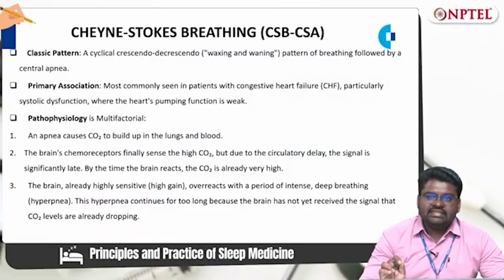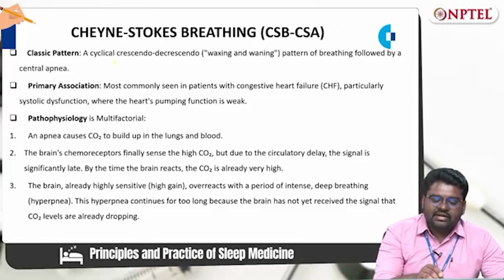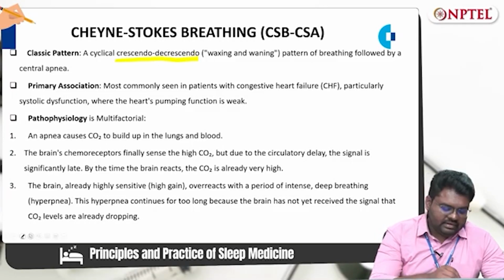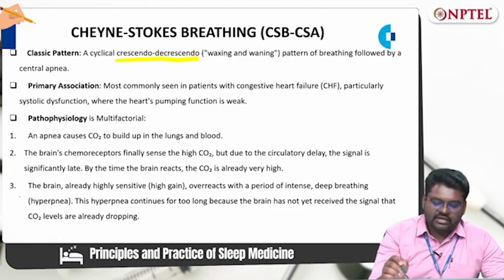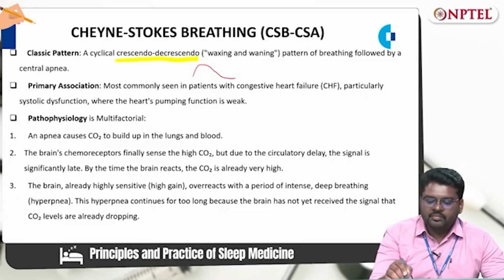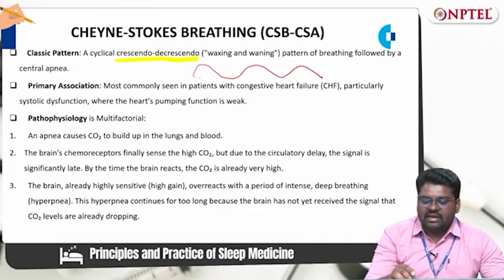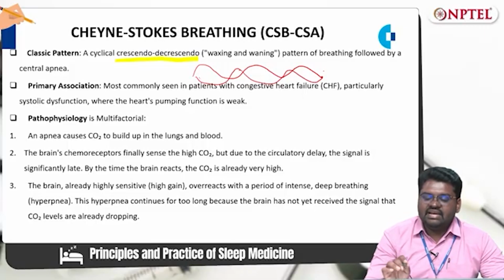Now we are going to the second type of central sleep apnea, that is Cheyne-Stokes breathing associated central sleep apnea. The pattern is a cyclic crescendo and decrescendo pattern, that is, a waxing and waning pattern of breathing followed by a central sleep apnea.